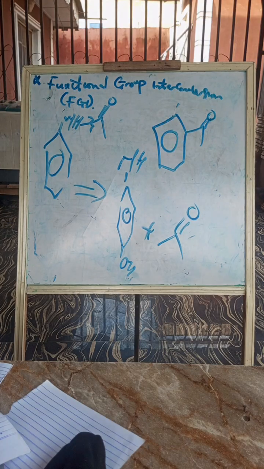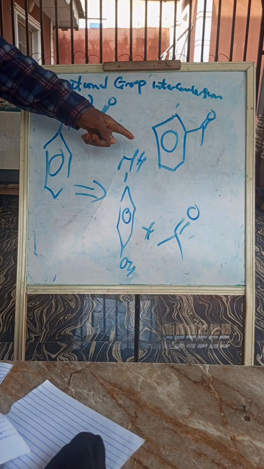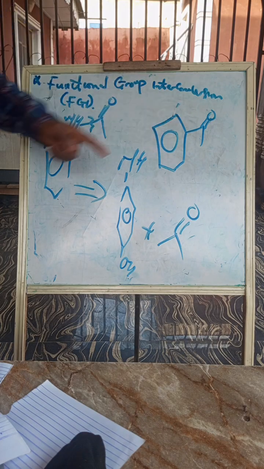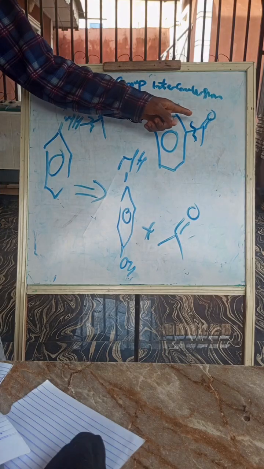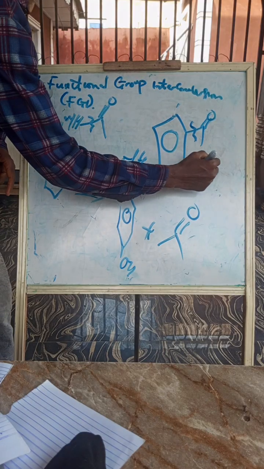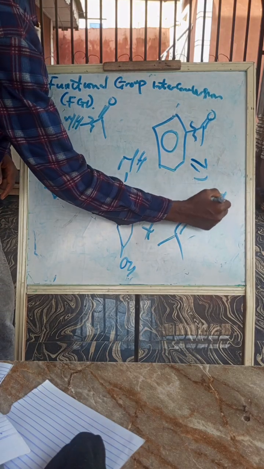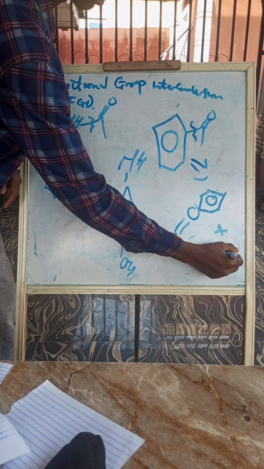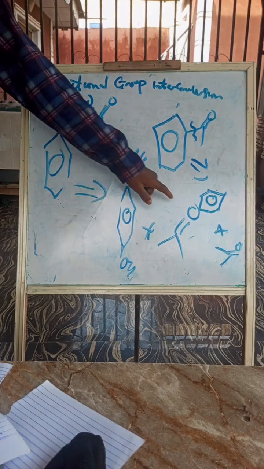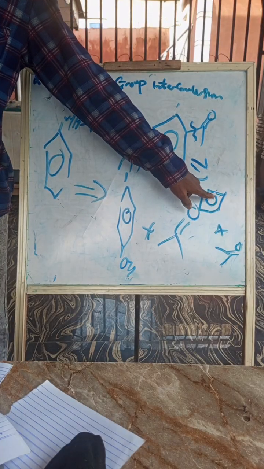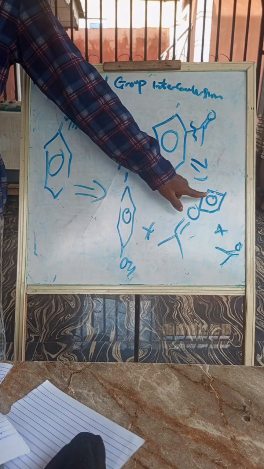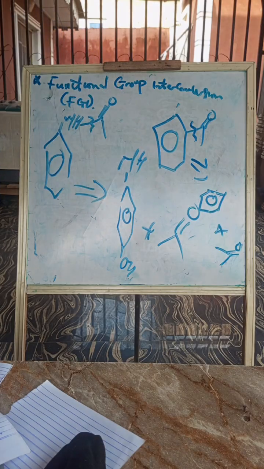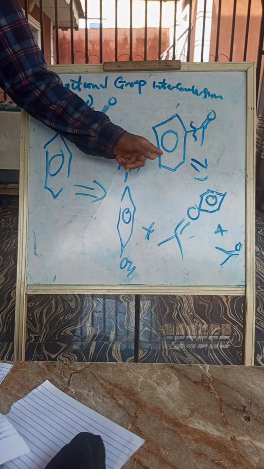This reaction, we can't just cleave or disconnect this from the benzene ring and get the product. The reaction is said to be wrong in this manner. That is, in this case, this connection is not favored.